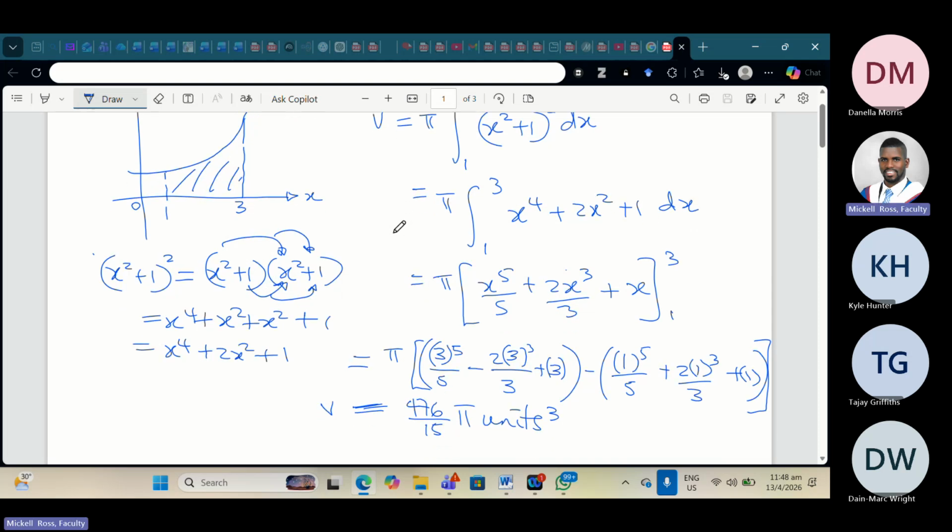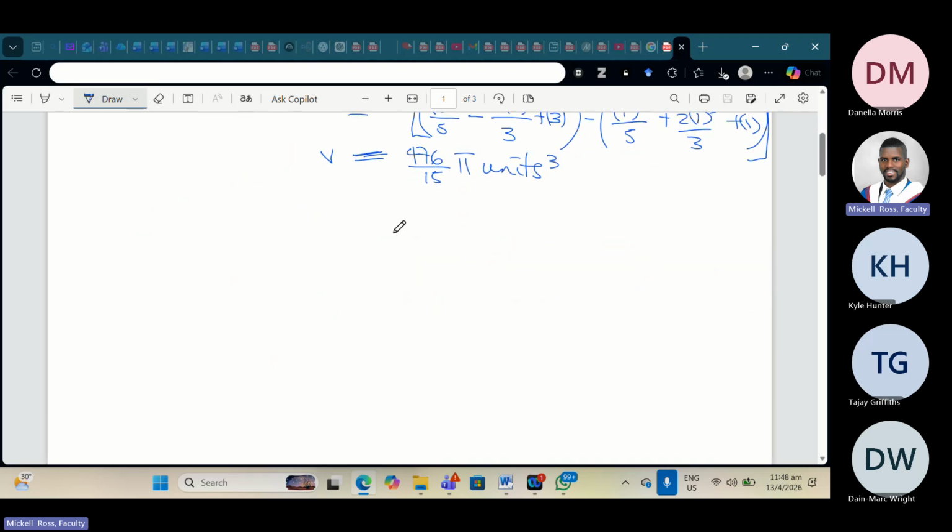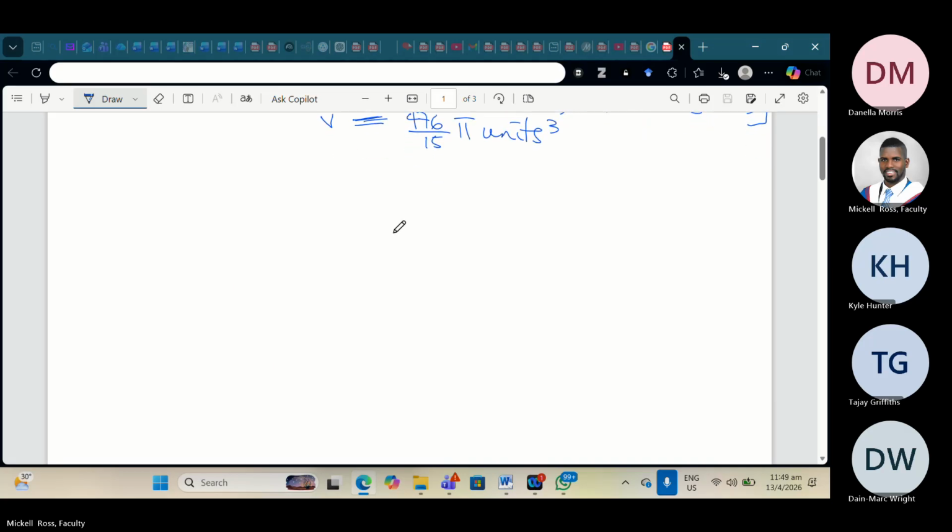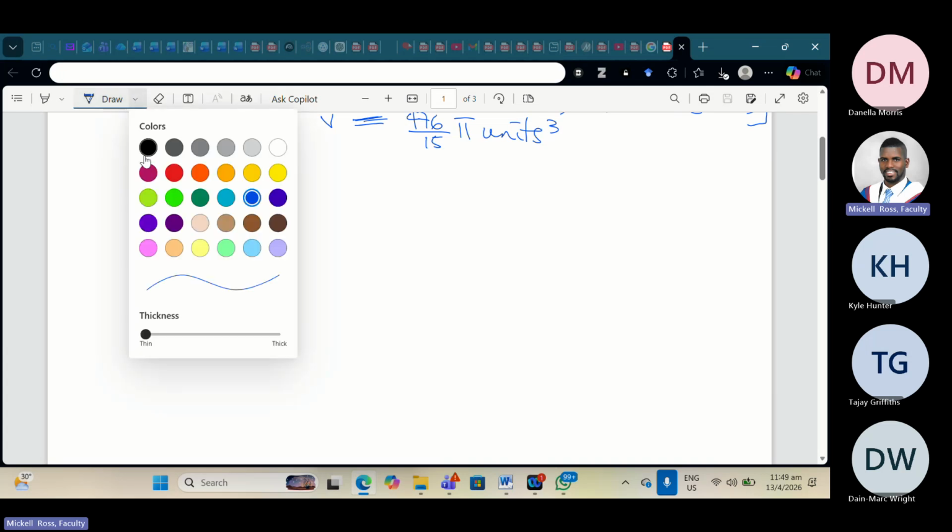All right, let's look at what happens if the rotation is about the y-axis. We can even look at the same two questions that we used earlier.